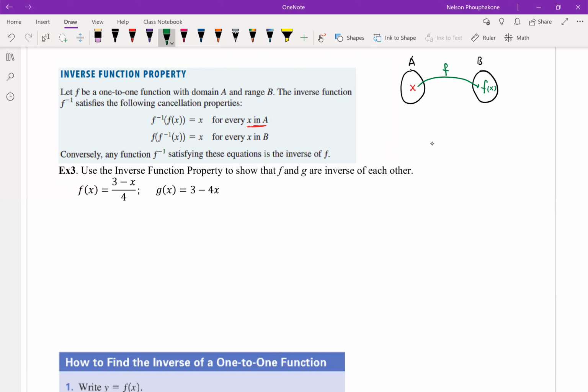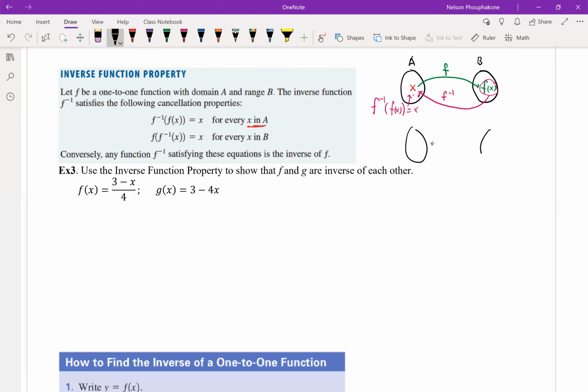Then if I use this output and go back to the input, from output to input, we call it the inverse, right? So now my input is f of x, and going through the inverse function, f inverse of f of x is equal to x. This is the idea. So that is the first situation. Now let us look at the second situation.